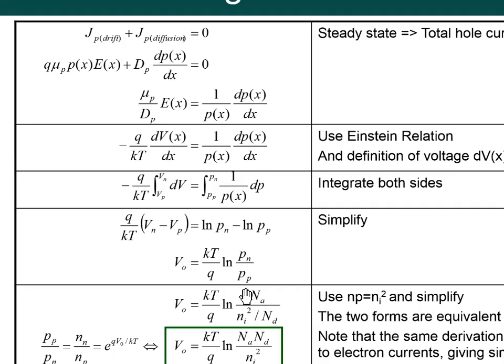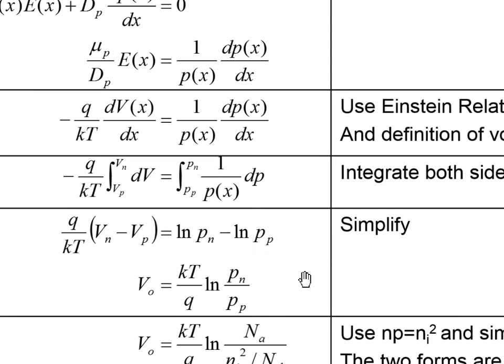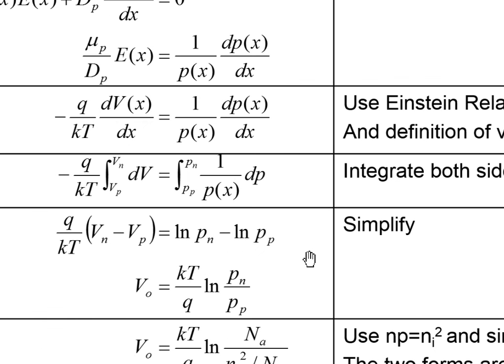So the voltage on the P side and the voltage on the N side. So you're integrating from the left side of the PN junction to the right side. Here, you're also integrating from the left to the right side of the junction, except this integration is done in terms of concentration. So this is the hole concentration on the left side of the junction. This is the hole concentration on the right side of the junction.